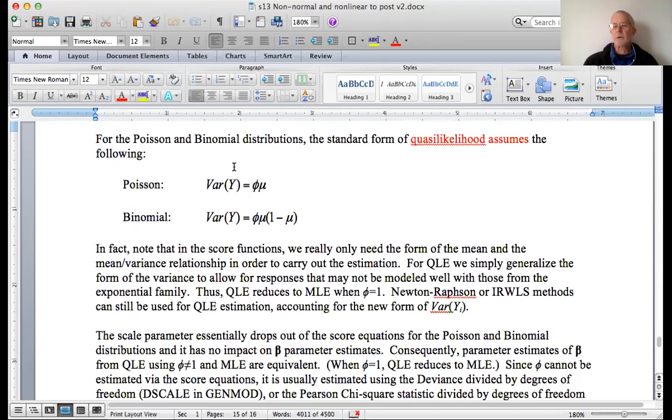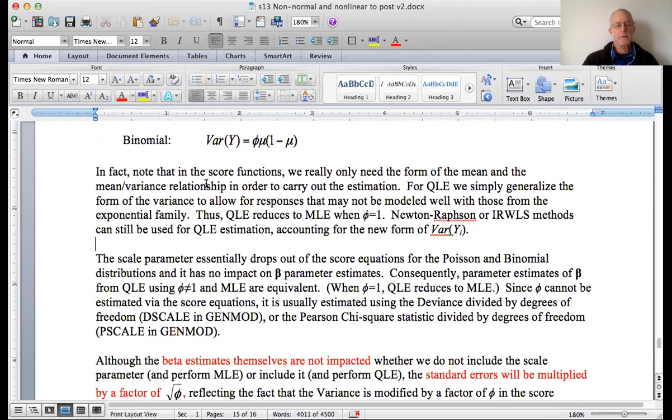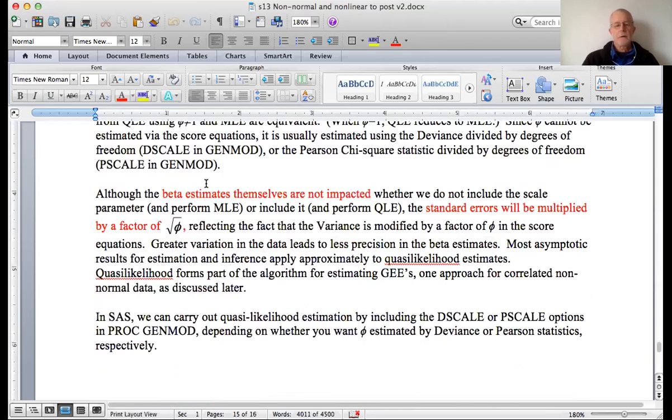So there isn't a function in R that says rquasipoisson, random quasi-Poisson. You don't really have those things. So I think that's a disadvantage of this approach. Okay, those are to me the main pluses and minuses.